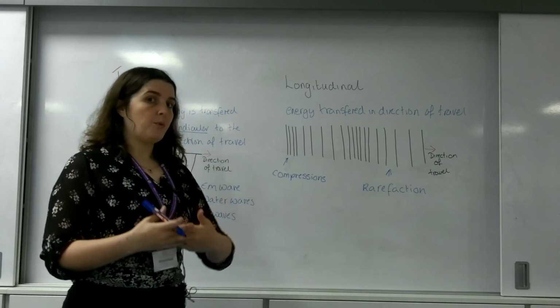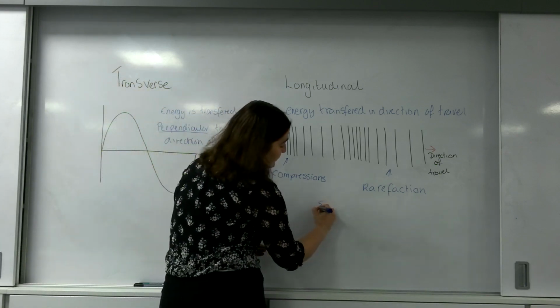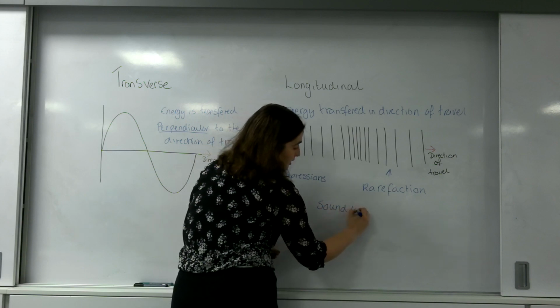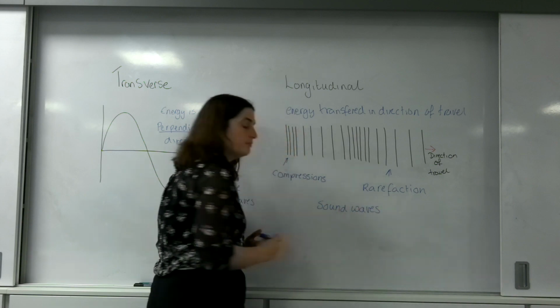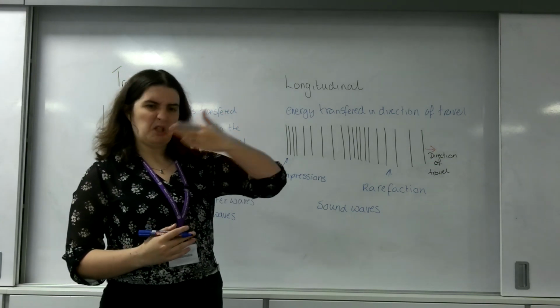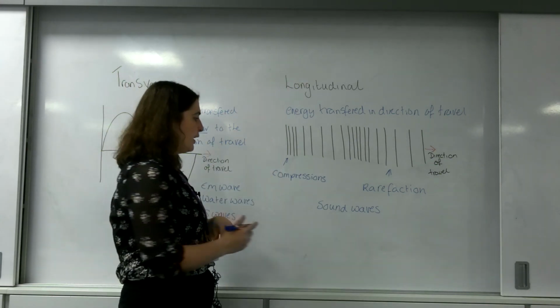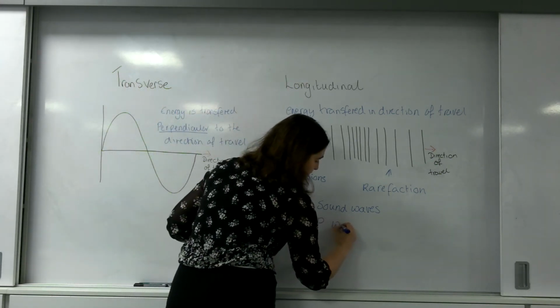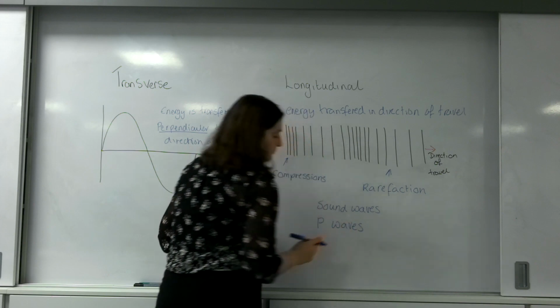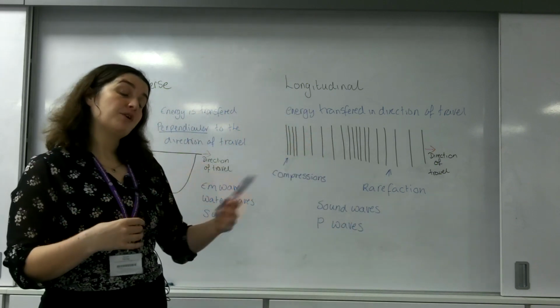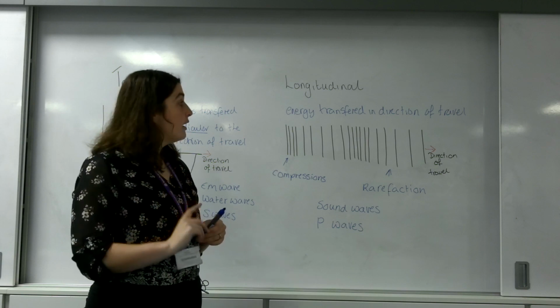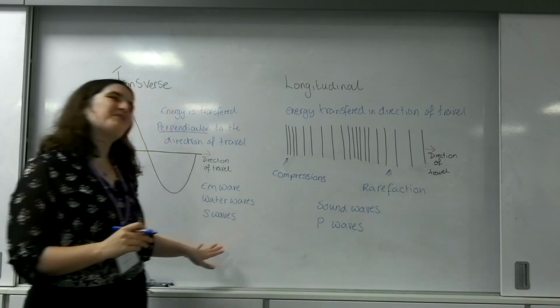Longitudinal waves include sound waves, as the particles are moving this way to transfer sound, and P waves. P waves, again, are another geophysics phenomenon, and they come with S waves.